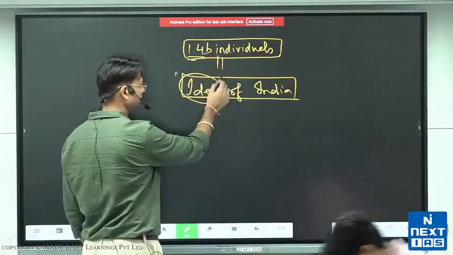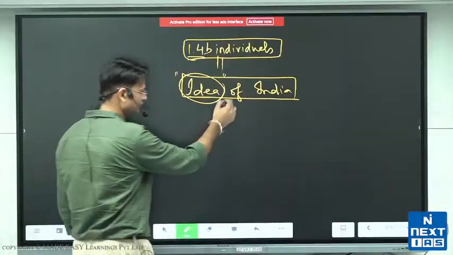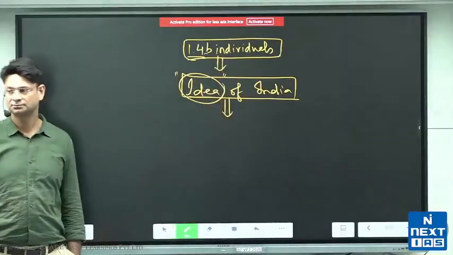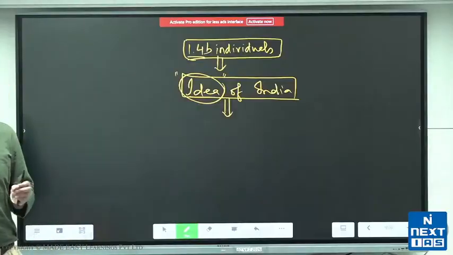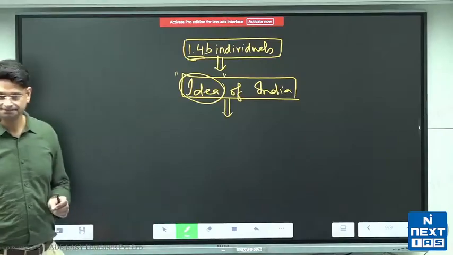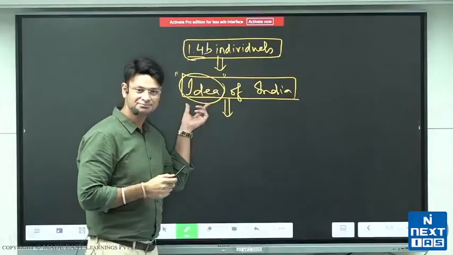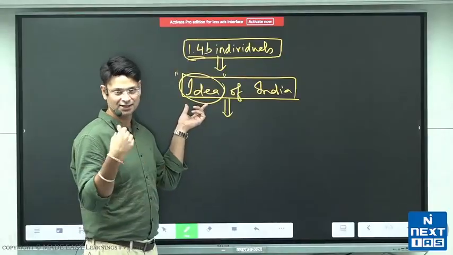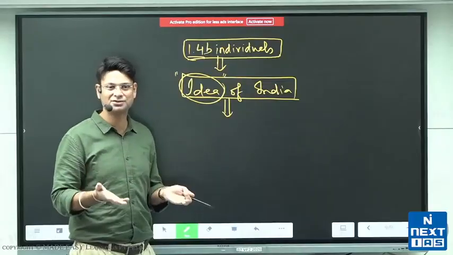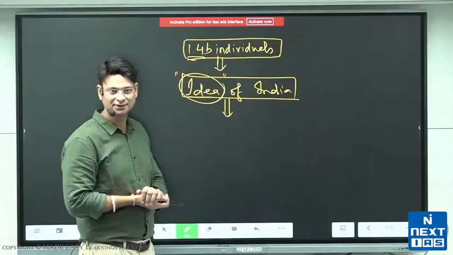And we all share this idea. Do you share or not? How do ideas come? Ideas come through language. Ideas are based on language. So, what is uniting us? Language.